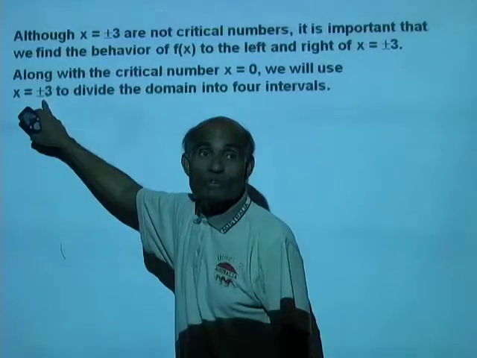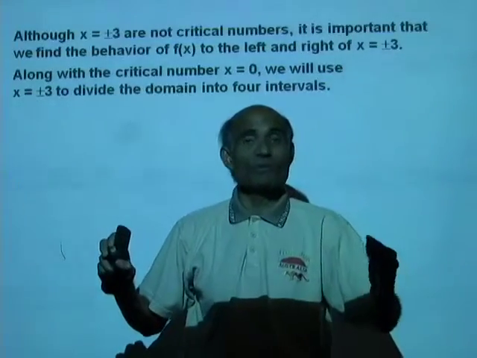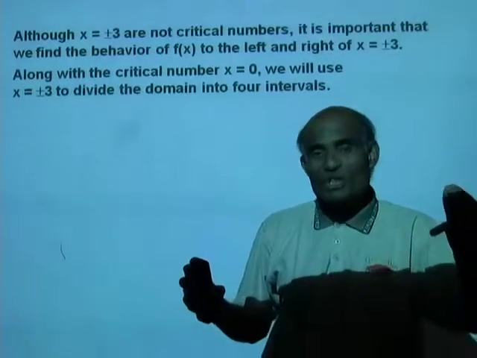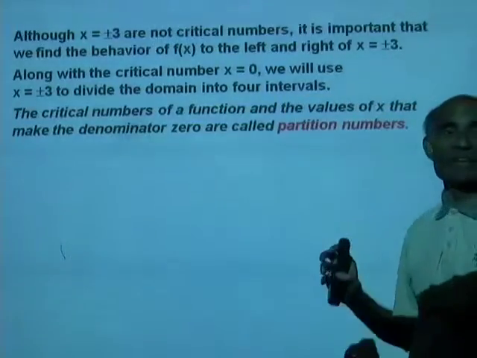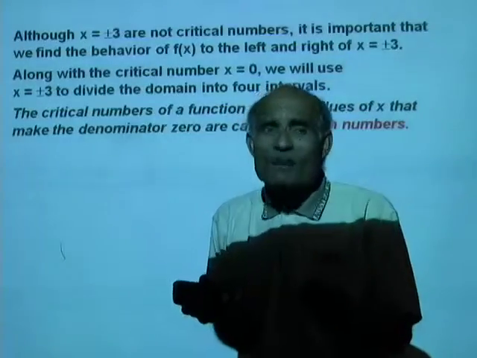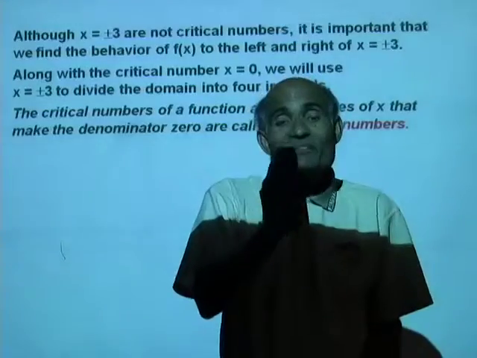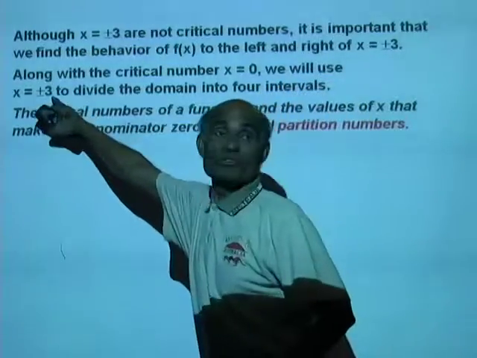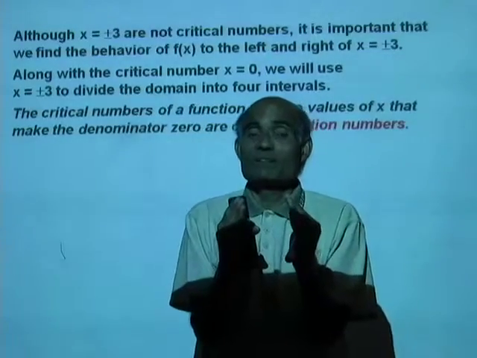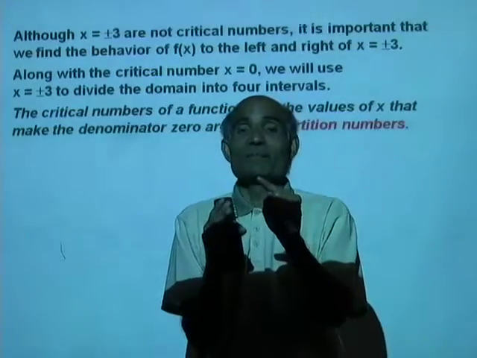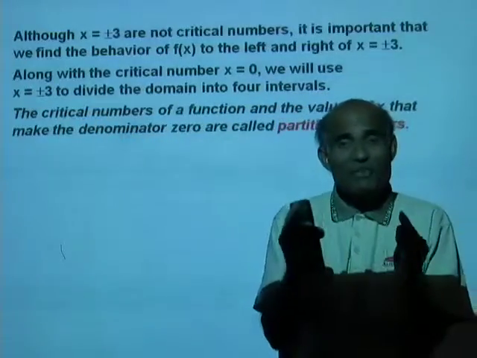We are going to use those numbers to divide the domain into 4 intervals. So rather than calling them critical numbers, we'll call them partition numbers. Now, do you understand why we got to use them? Because on the left and right of these numbers, the behavior of the function is very peculiar, and we need to know that. And so we need to use those numbers in order to divide the domain.